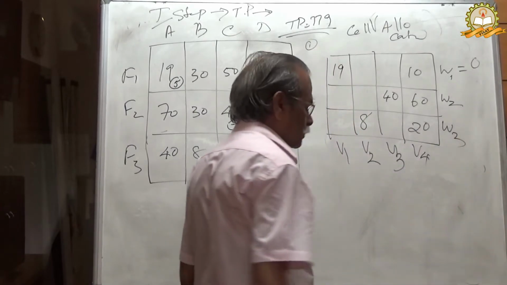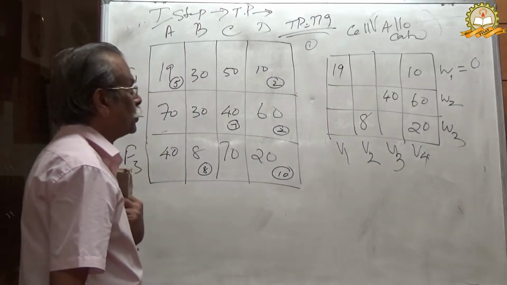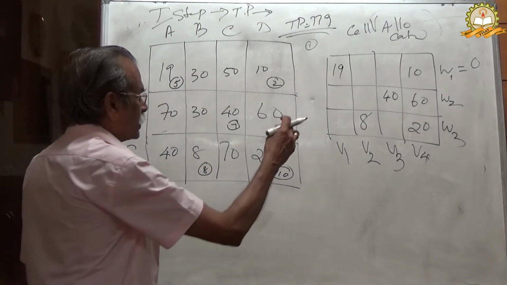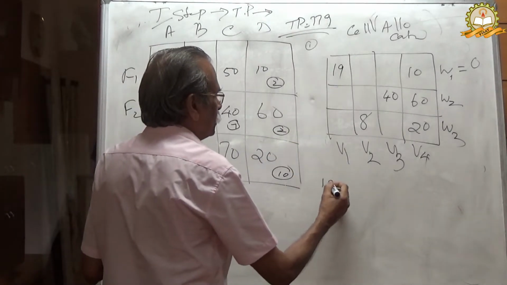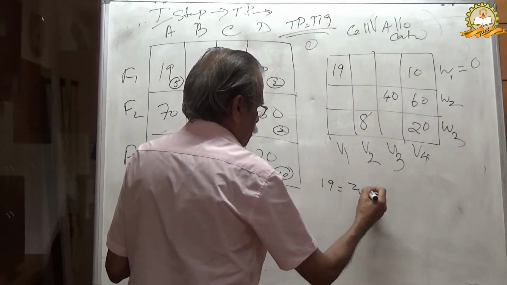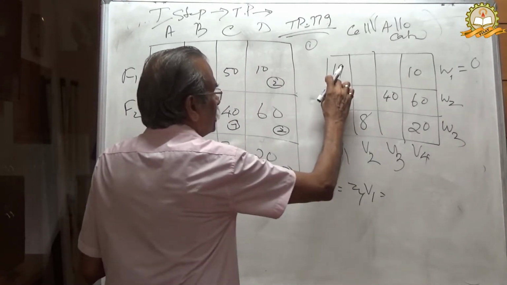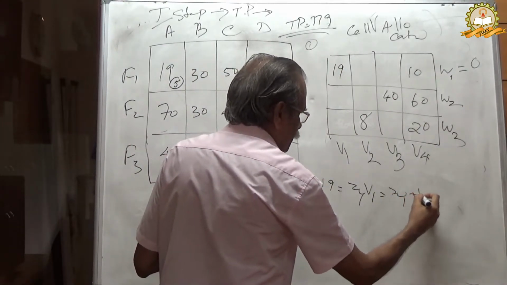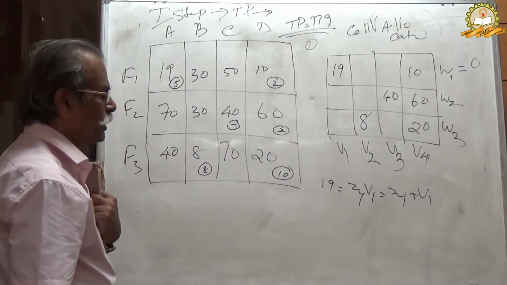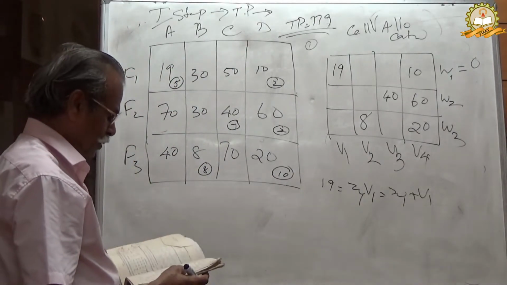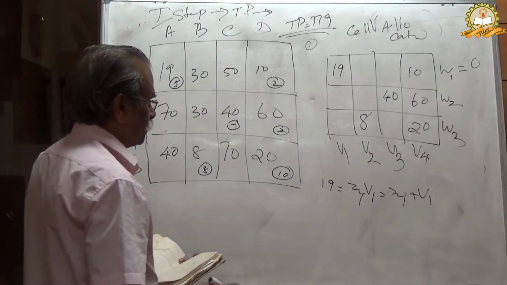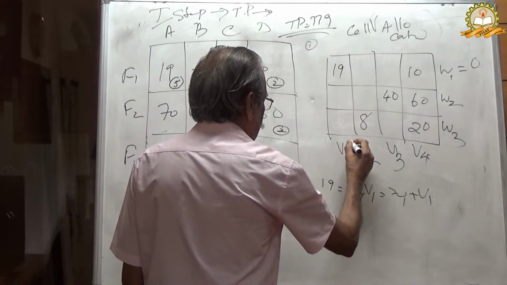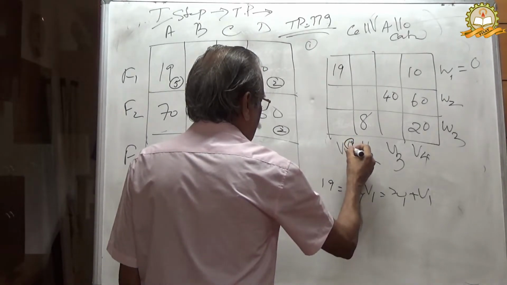U1 equals 0. Therefore, 19 equals U1 plus V1. U1 equals 0, therefore V1 equals 19.